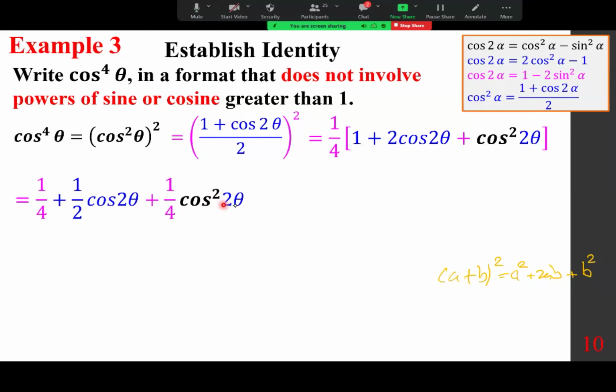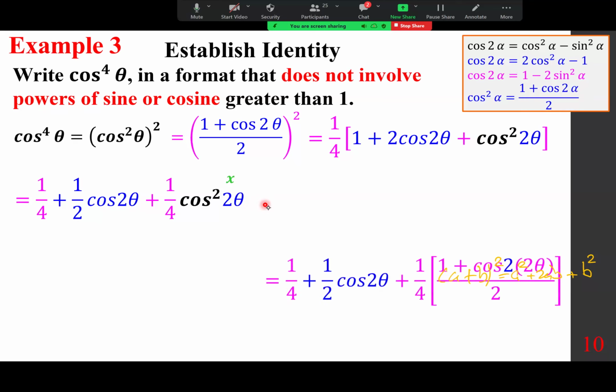Cosine squared alpha is 1 plus cosine 2 alpha over 2. Imagine this is alpha or x. So let's say it's x. Just this part becomes 1 plus cosine of 2x divided by 2.